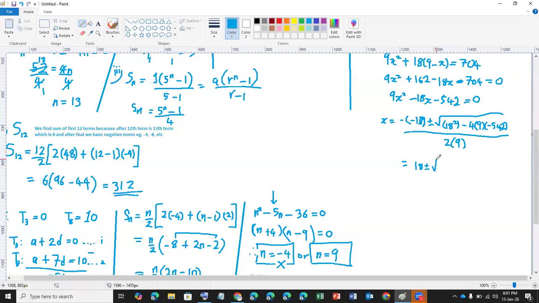And then you can find the square root. It's giving 3 plus square root 551 over 3.